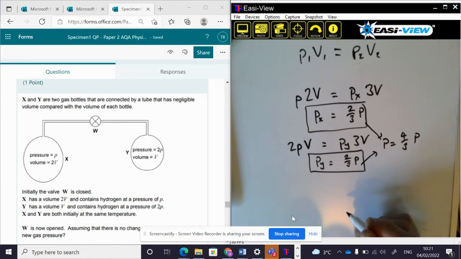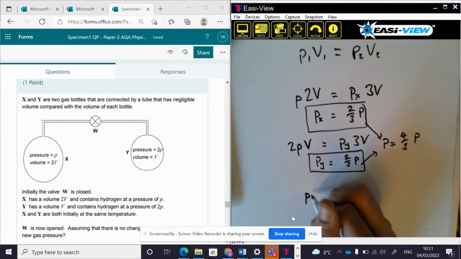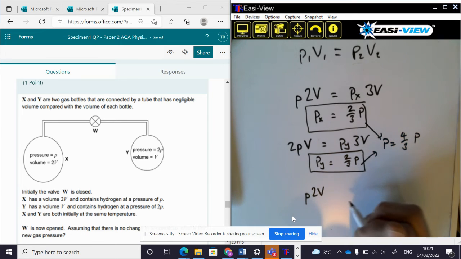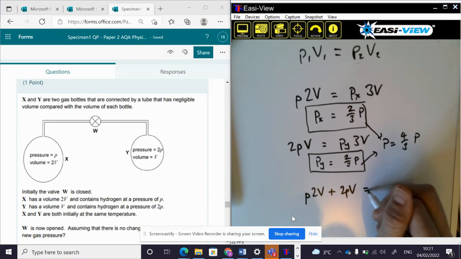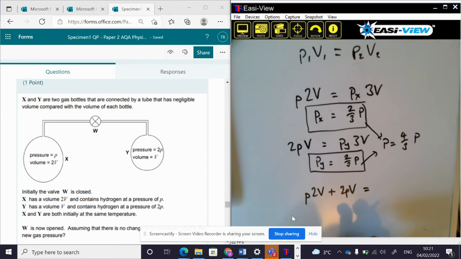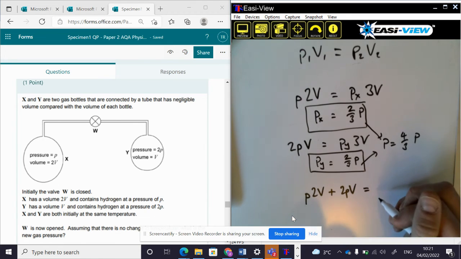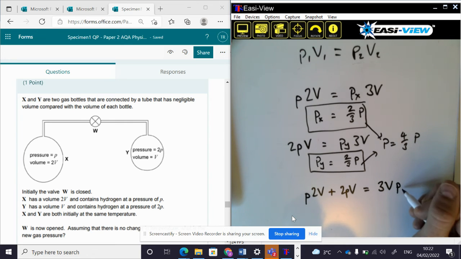Another way of looking at it is just to consider the idea that we've got PV, so P times 2V due to X, plus then we've got 2P times V due to Y. And they will equal, so those two gases in those original volumes, they will mix, but they will mix in a larger volume, 3V, multiplied by this new pressure, which I'll call PF for P final.